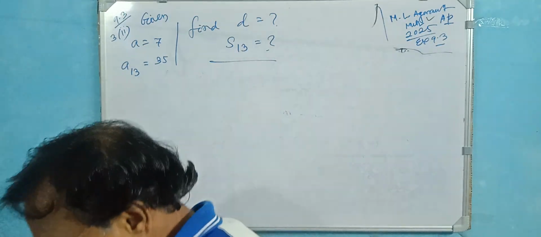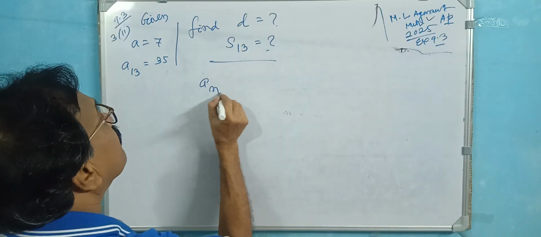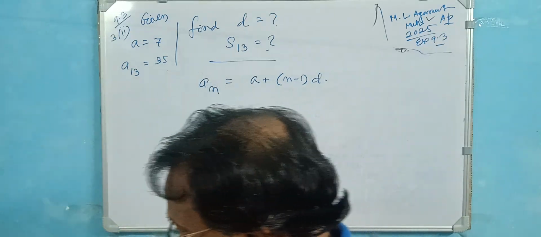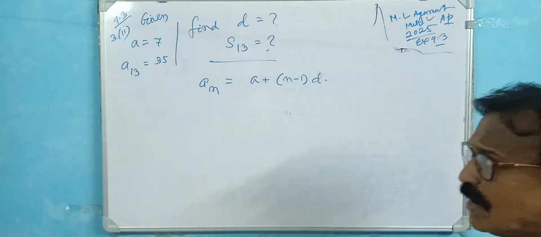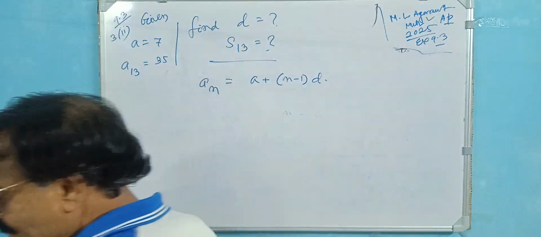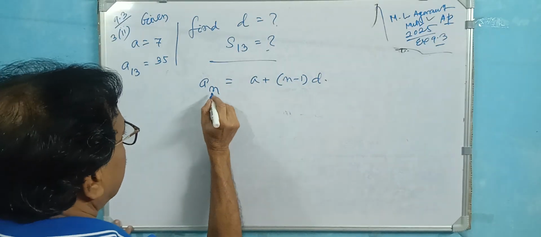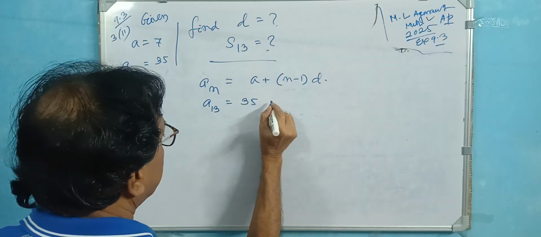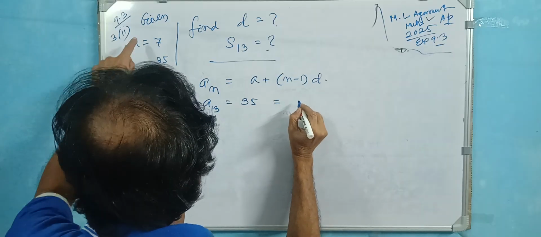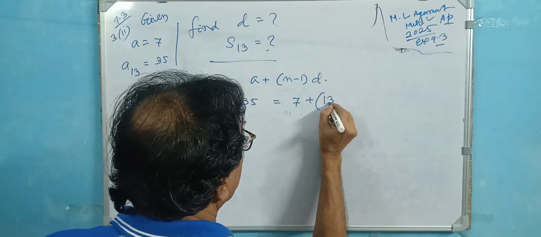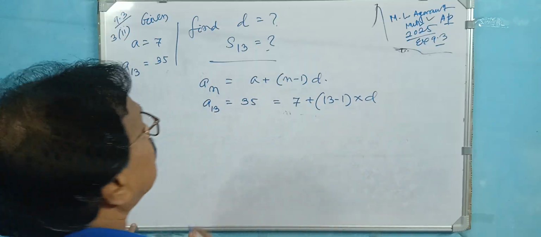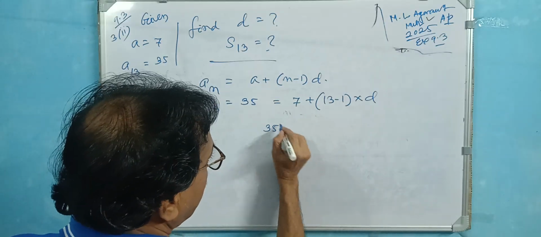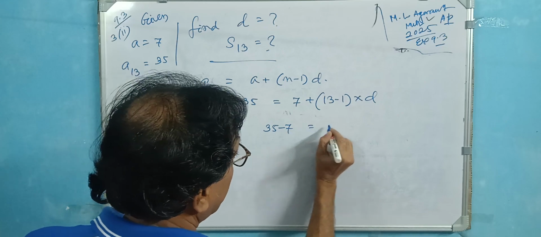So now you know an is a plus n minus 1 into d. Clear? Very easily you calculate. a13, n is 13. a13 is 35, that is equal to a, a is 7, plus n is 13 minus 1 into d. So this is 35 minus 7, that is equal to 12d.